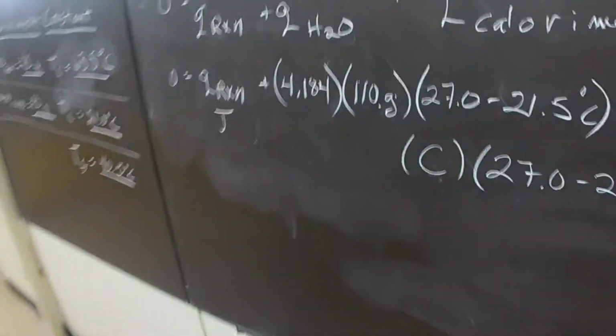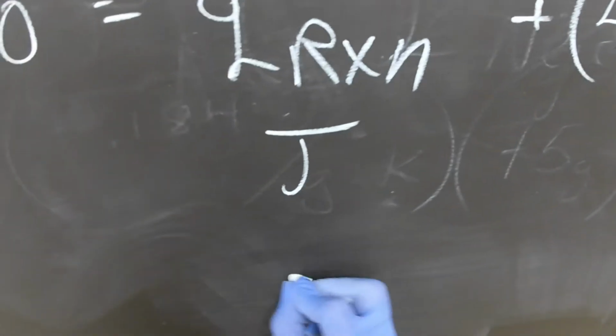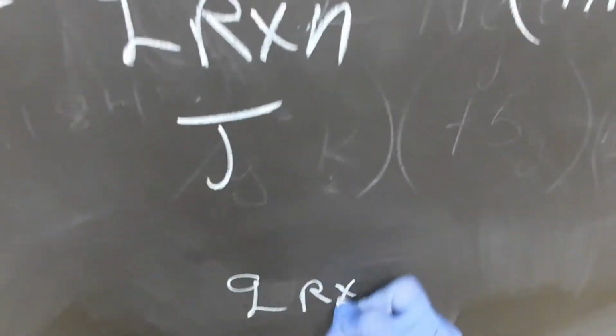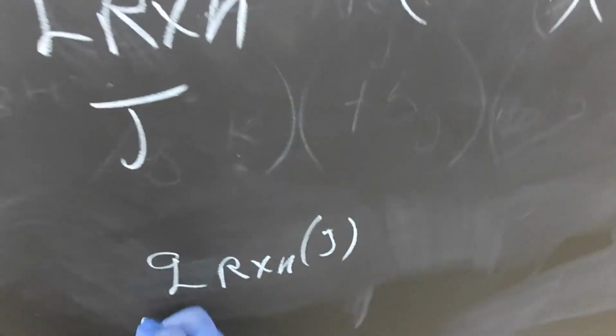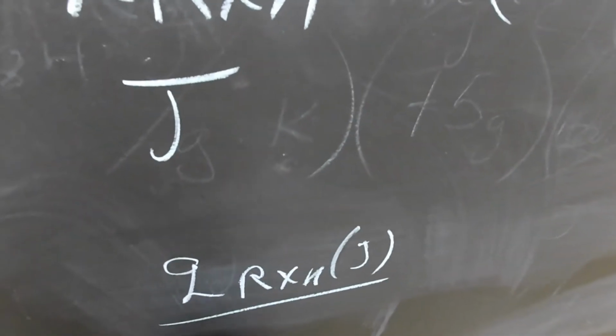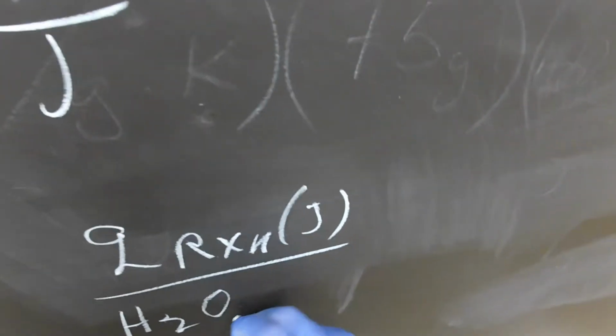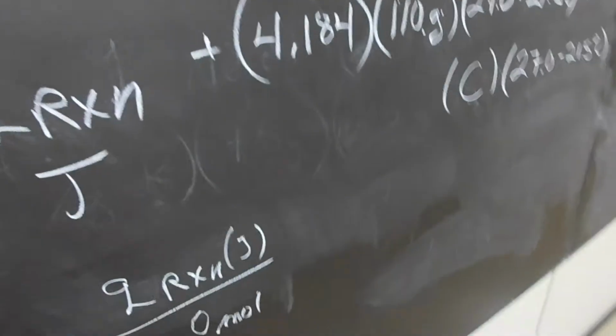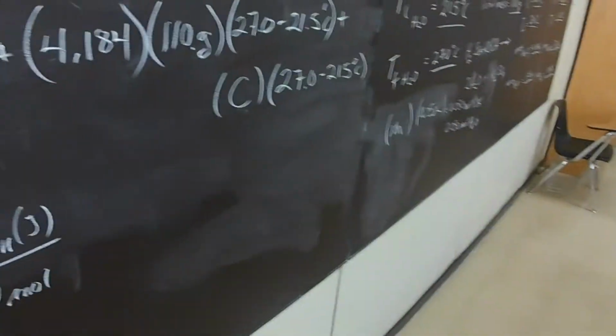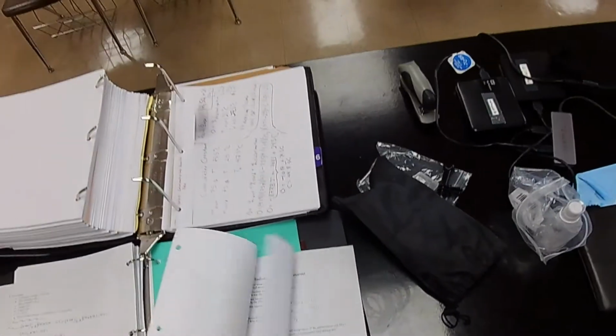Now, express the Q of reaction here, which is in joules, divided by the moles of water. That gives you a value of heat per mole of water produced, and that you will compare to the accepted value, which is at the back of your document.